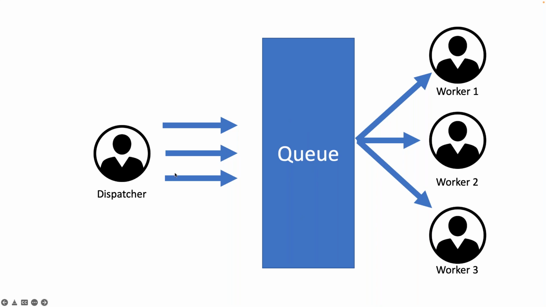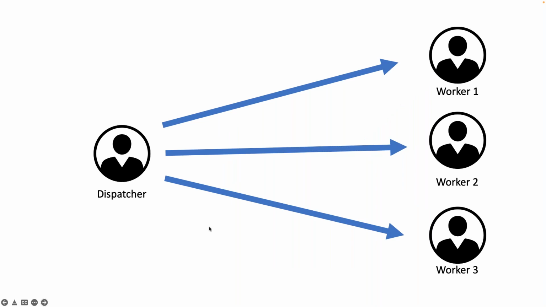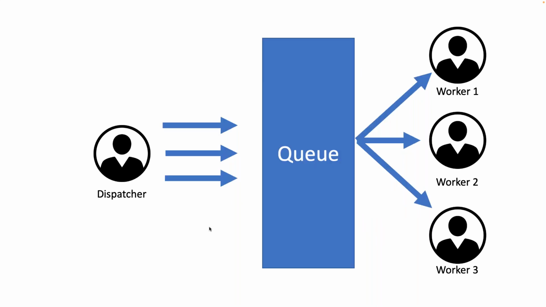The dispatcher could push multiple forms into the inspection queue. Then each of the workers could sign up, take a look at the queue, and pull out a form, work on that form and submit it, and then come back and get another form until they've worked through all of the forms in the queue. So I hope that sounds pretty cool. Let me show you how you do it.